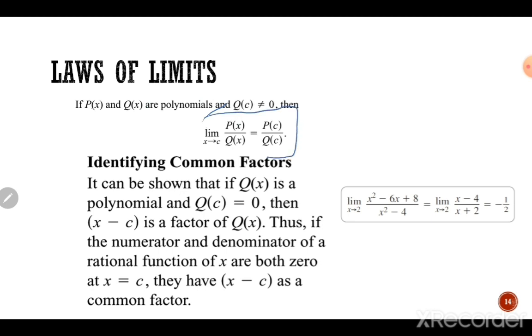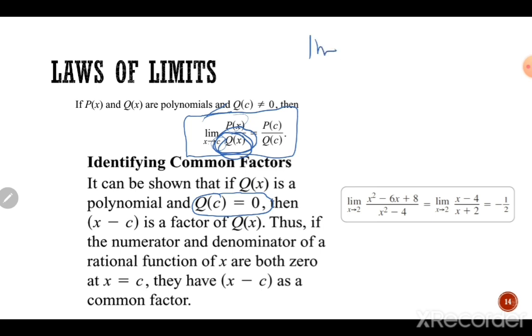By right, nak cari dia punya answer, you just gantikan all the x dalam function tu dengan C. Inilah kalau x tu approaching C kan.